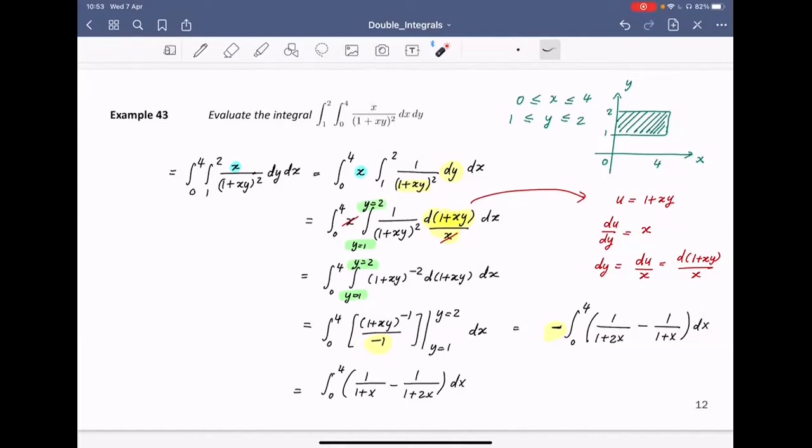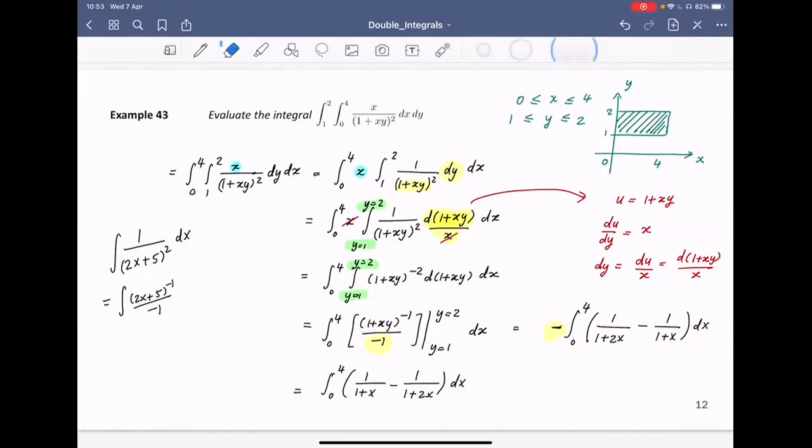Okay, let's say you have 1 over (2x plus 5) and the whole thing squared. When you integrate that with respect to dx, it will be (2x plus 5) to the minus 1, divided by minus 1.